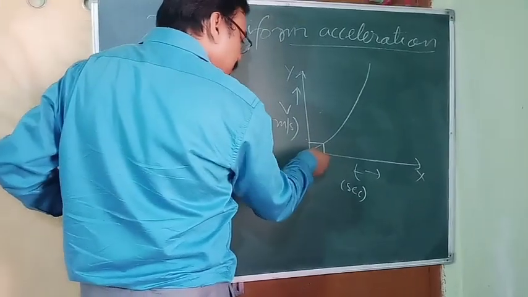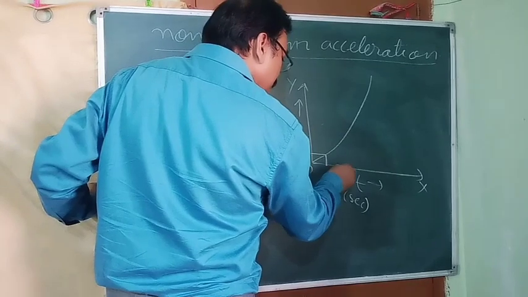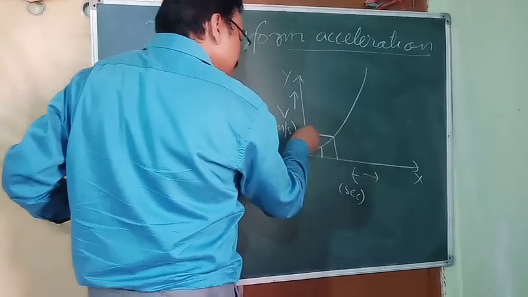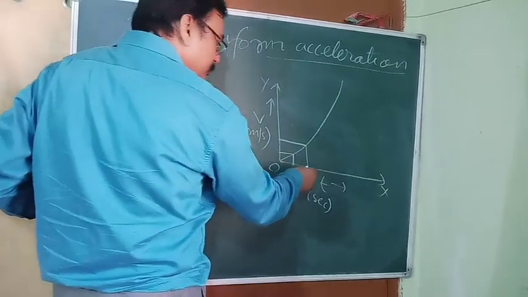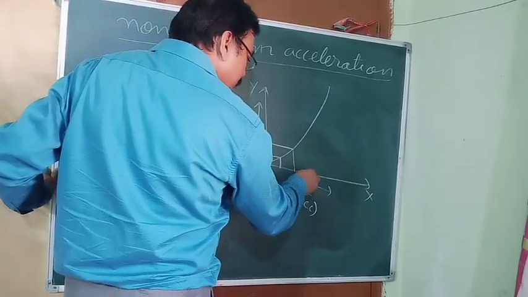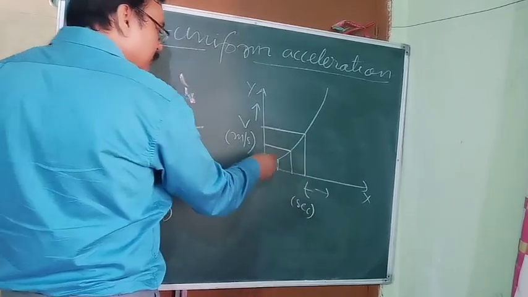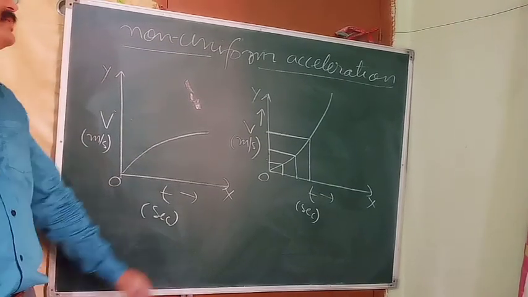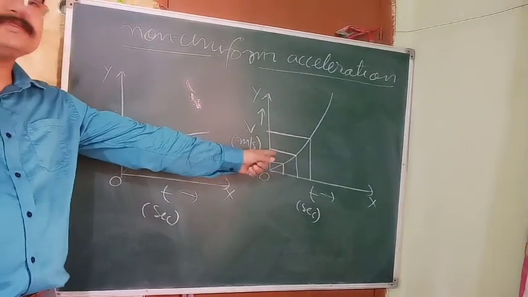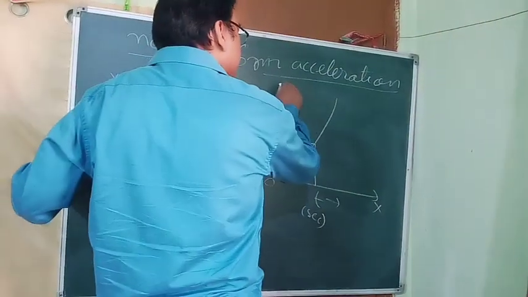If we take the same amount of time interval, even more, you'll find the change in velocity is more. The time interval is almost the same. Again, in the same time interval, you find the change in velocity is increasing. So it indicates that it is a case of increasing acceleration.